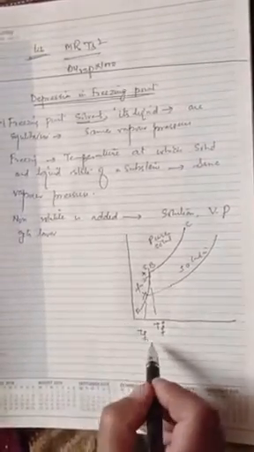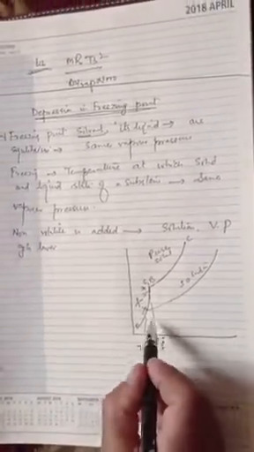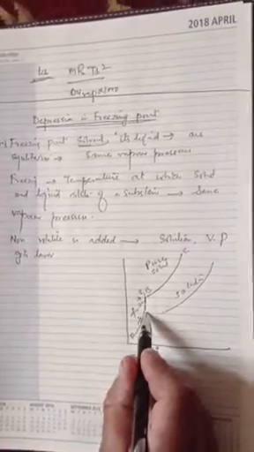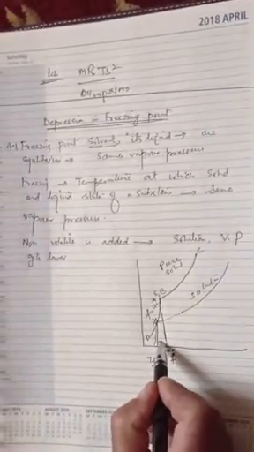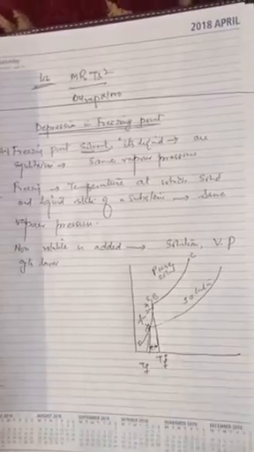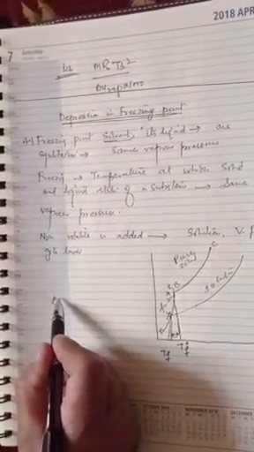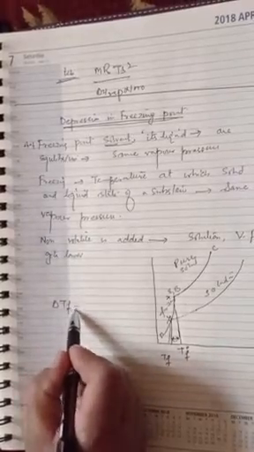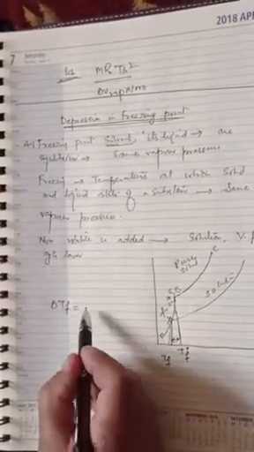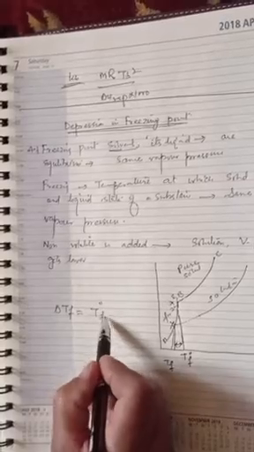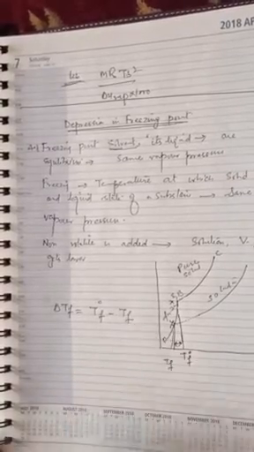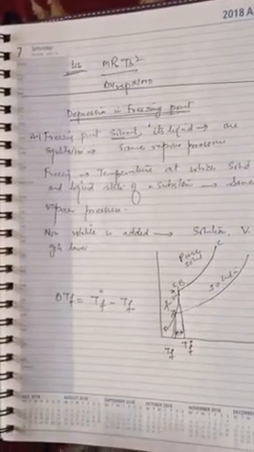When a non-volatile solute is added to the solvent to form the solution, vapor pressure gets lowered. So the vapor pressure of a solution is less than that of the pure solvent.